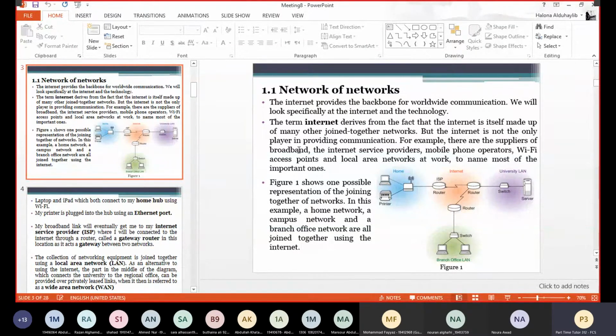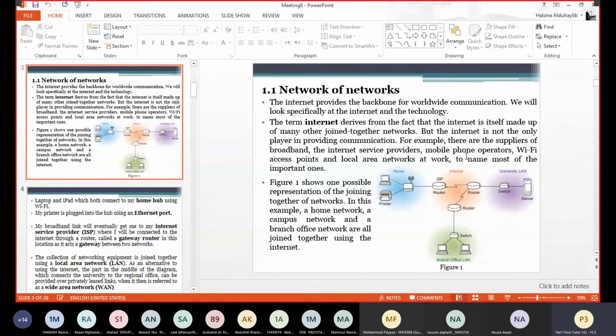So we need to have a router, we need to have some broadband link system, some of the devices that enable you to make a connection to a telecommunication company. Also, sometimes we need to connect with our phones, so we need to use one of the mobile phone operators.